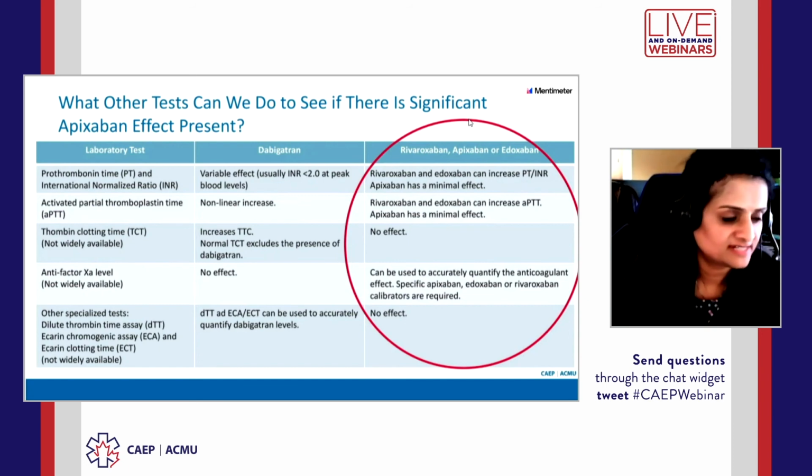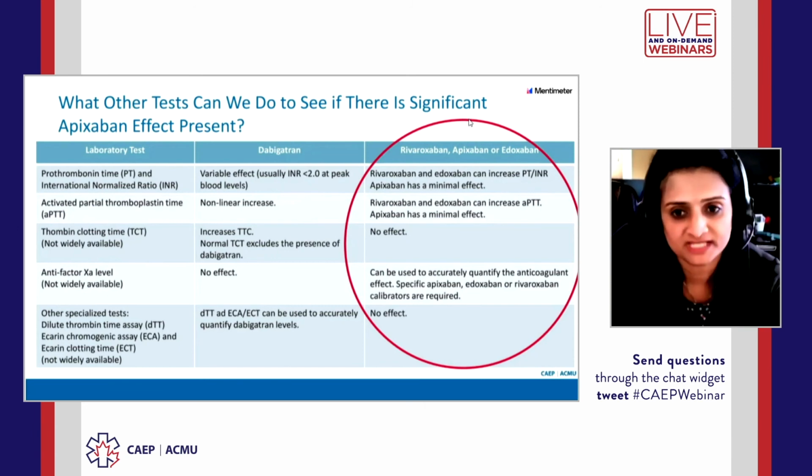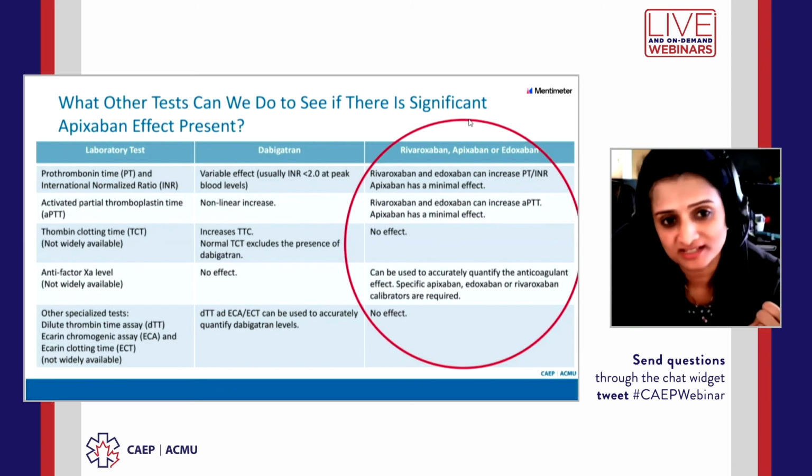The anti-factor 10A can be used accurately to quantify it, but you have to remember they have to be calibrated to the specific DOACs, and that is not always available. And also the problem with the factor 10A inhibitors is the time. Is it available in a timely fashion for you to help make those clinical decisions? It's always challenging for us to get a quick turnaround on an anti-10A level.